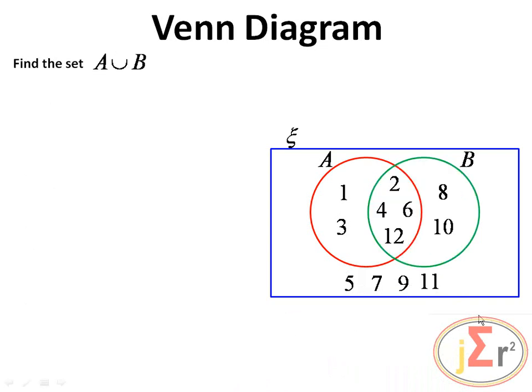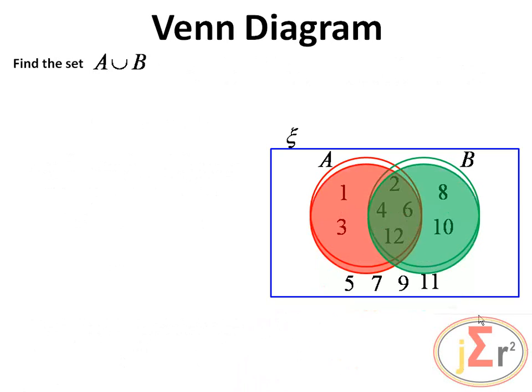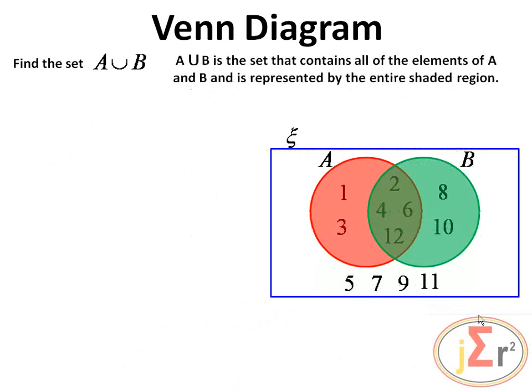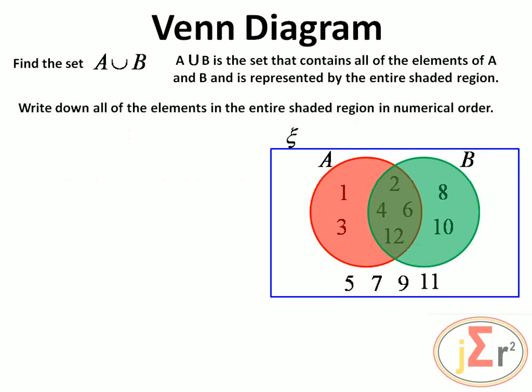Find the set A union B. A union B is a set that contains all of the elements of A and B and is represented by the entire shaded region. This is our entire shaded region, and that represents A union B. And we are going to write all those elements down.